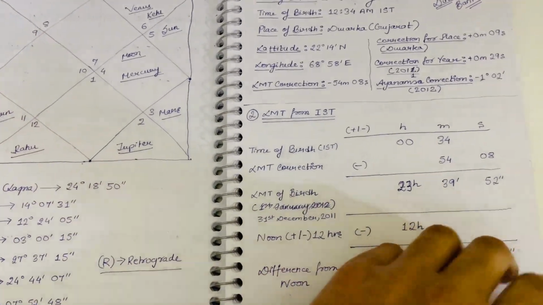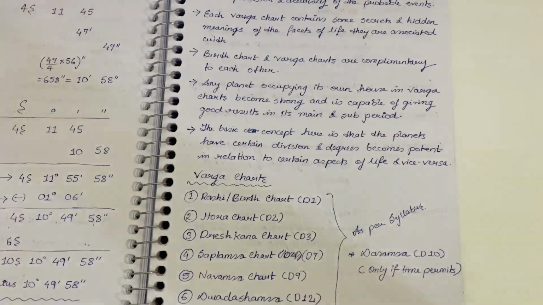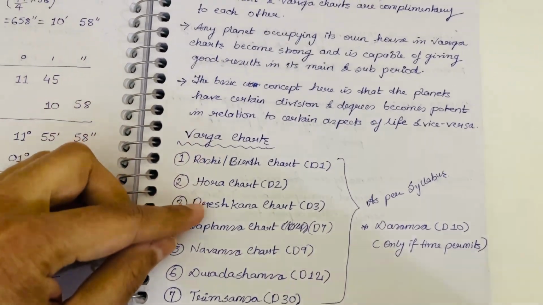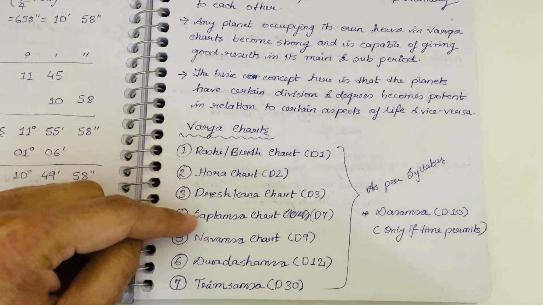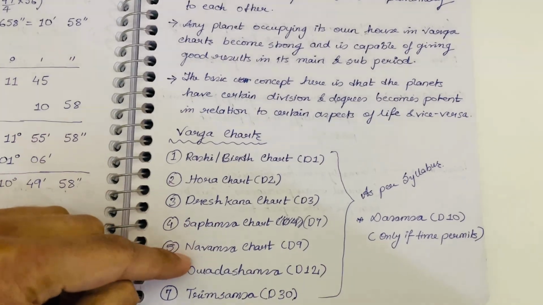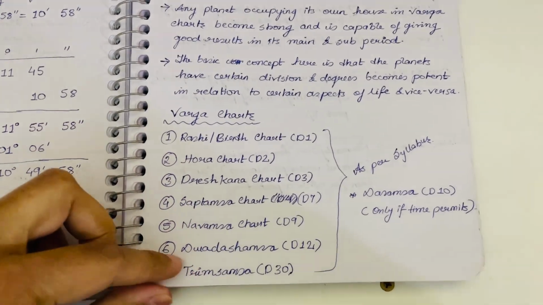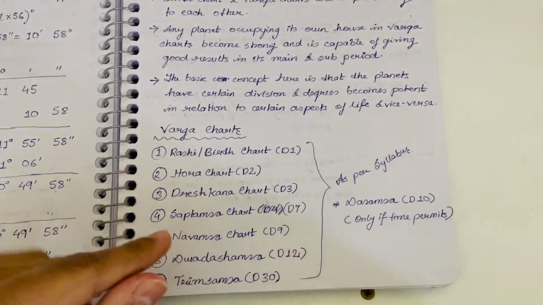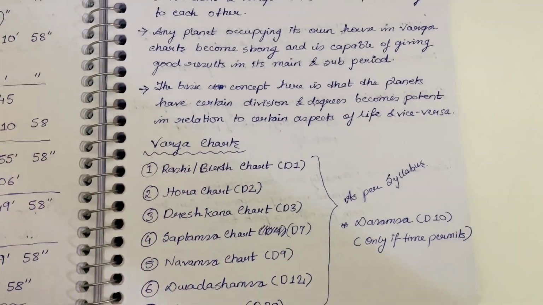So we have done that also very successfully, and using that particular chart we will be creating all of these charts: Hora chart, Drishkana chart, Saptamsha chart, Navamsha chart, Dwadashamsha chart, Trimshamsha chart, and Dashamsha also we will be creating. So we will be creating all of these 7 Varga charts.